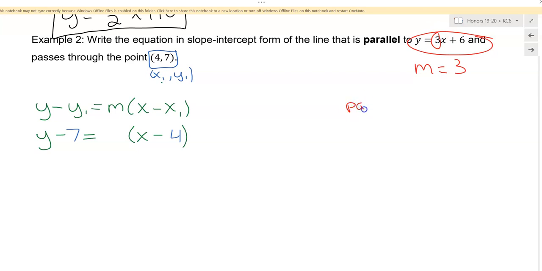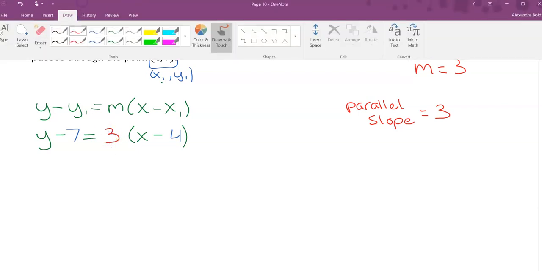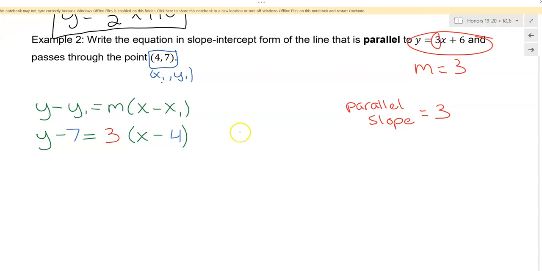So then the parallel slope is also 3, because parallel slopes are exactly the same, right? So that's my new m. The only thing different about this question from the last question is that we have one extra step to find that slope. Then we're doing exactly the same thing.